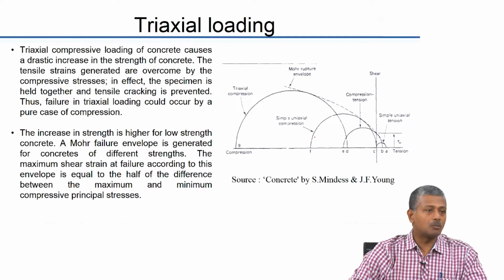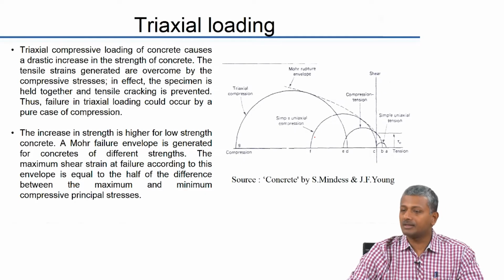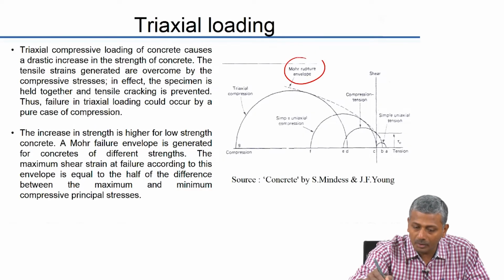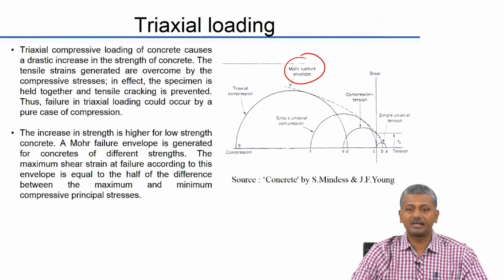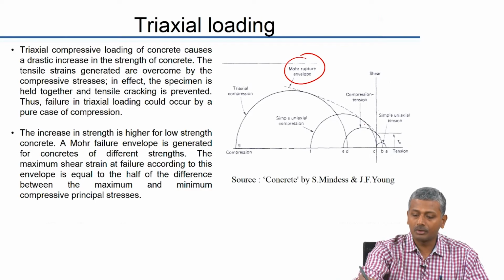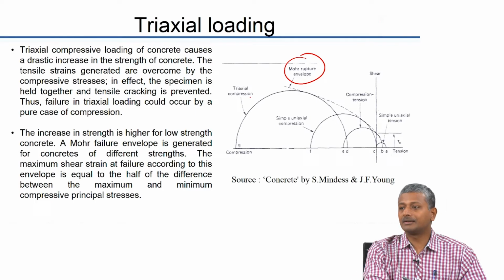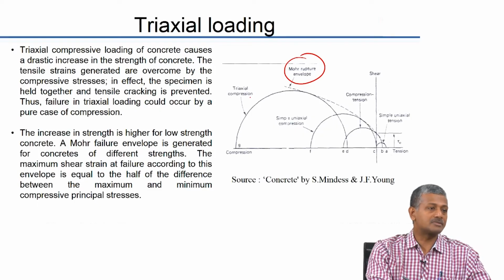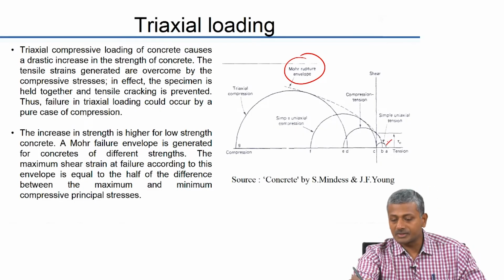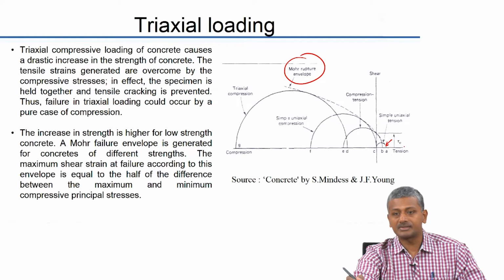Those of you who have done modern construction materials know that failure theories are based on this Mohr rupture envelope, which is basically a tangential curve drawn connecting all the Mohr circles of these different systems represented here. The first one is the uniaxial tension system, because stress along one axis is 0 and the other axis is equal to the tensile strength of the material.